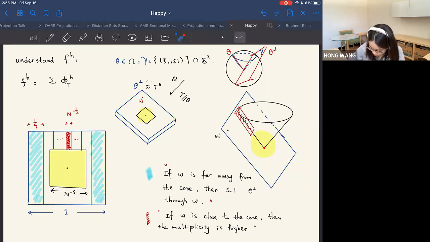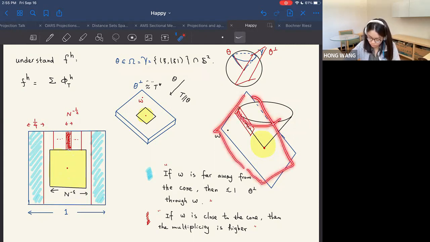So when the theta moves along this gamma, this T star will rotate. In this example, the slab will be tangent to the cone and then move.